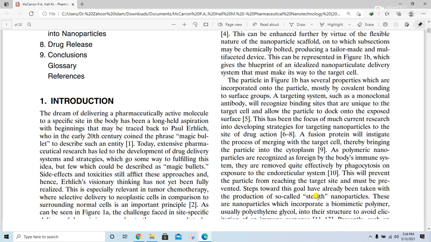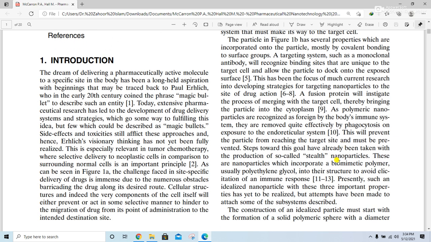These are nanoparticles which incorporate a biomimetic polymer, usually polyethylene glycol, into their structure to avoid eliciting the immune response. Presently, such an idealized nanoparticle with these three important properties has yet to be realized, but attempts have been made to attach some of the subsystems described.